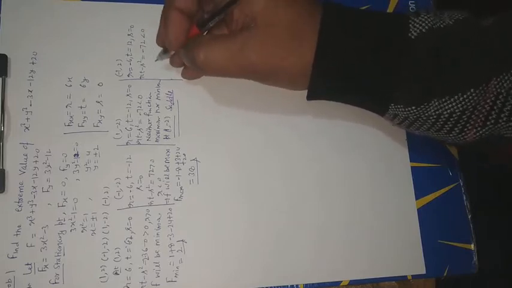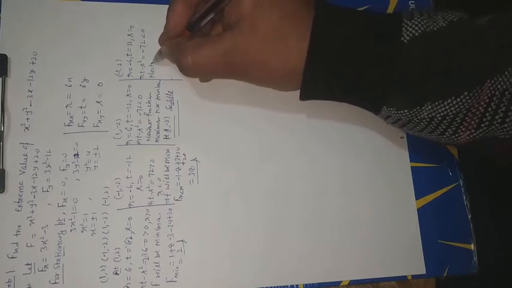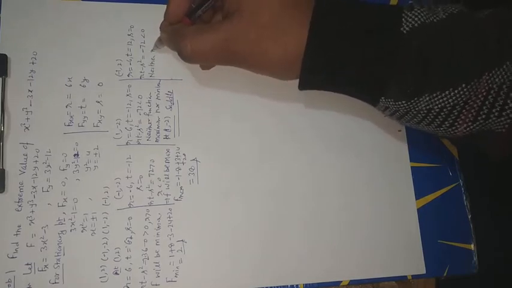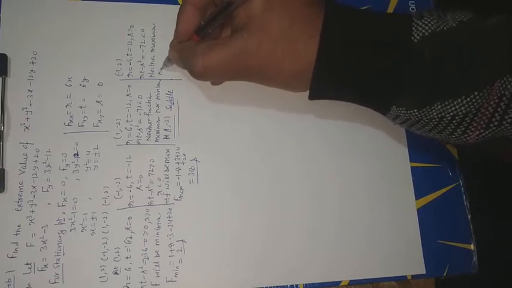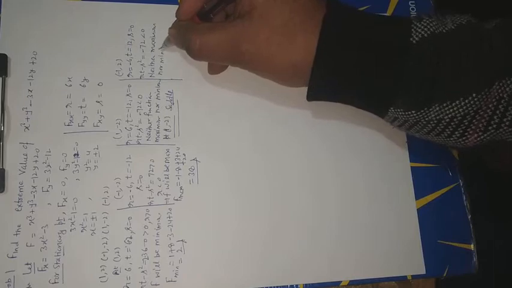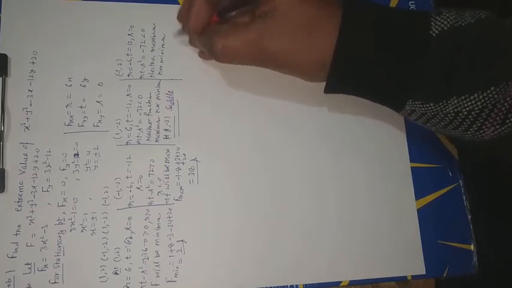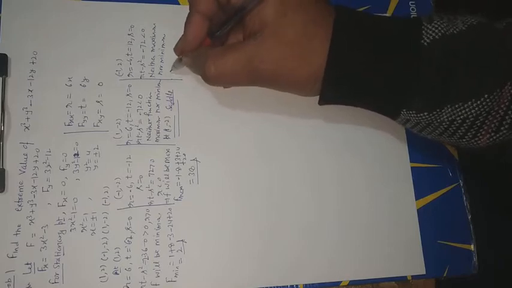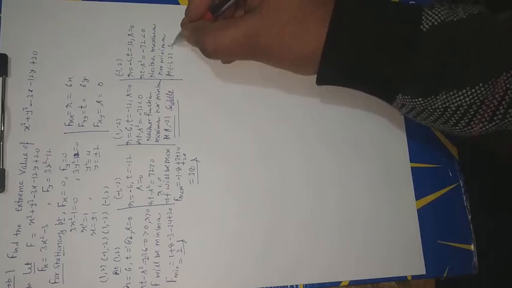Therefore in this case the function is neither maximum nor minimum. Okay student, similarly we can say point (-1, 2) is a saddle point.